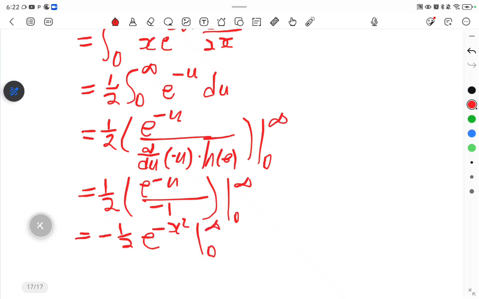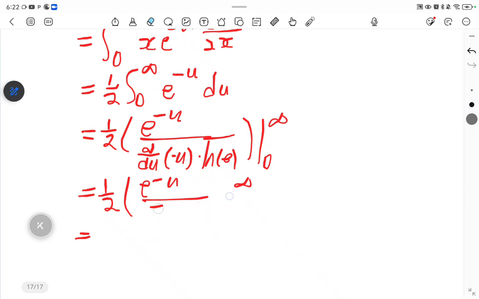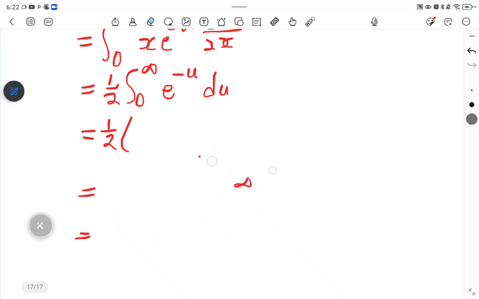But this is all fine. Since we're dealing with improper integrals, what I have to do first, before I do all these integrations, is look at my intervals.